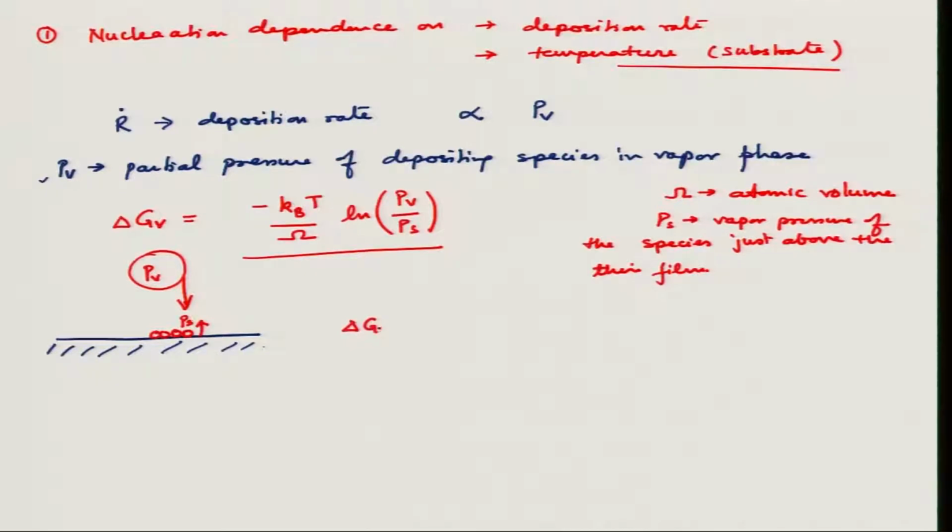and we can also write this term in terms of rates, since deposition rate is proportional to this PV and the evaporation rate, okay, that we had discussed earlier when we were discussing thermal evaporation of a source, that how does it depend on the vapor pressure of that species, okay.